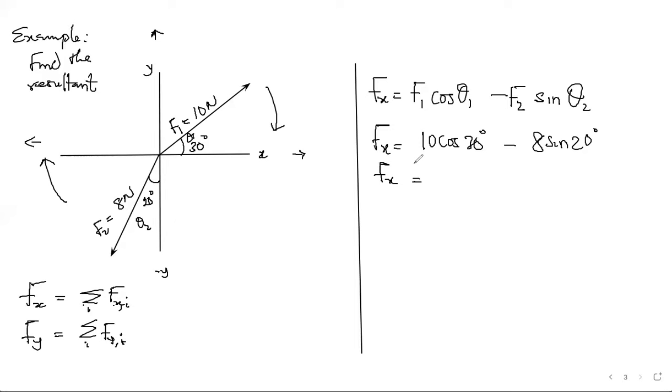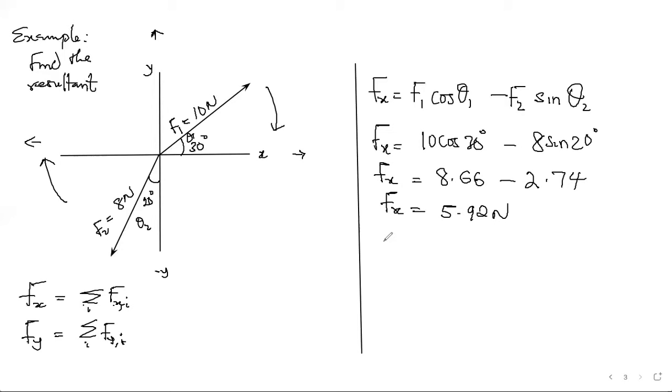So it will be 10 cos 30, which is 8.66, minus 8 sine 20, which is 2.74 approximately. So 8.66 minus 2.74 gives 5.92. So Fx will be 5.92 Newton. That's the summation of all the forces that act horizontally along the x-axis.